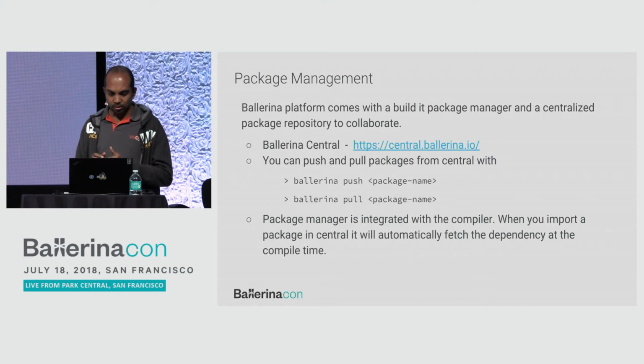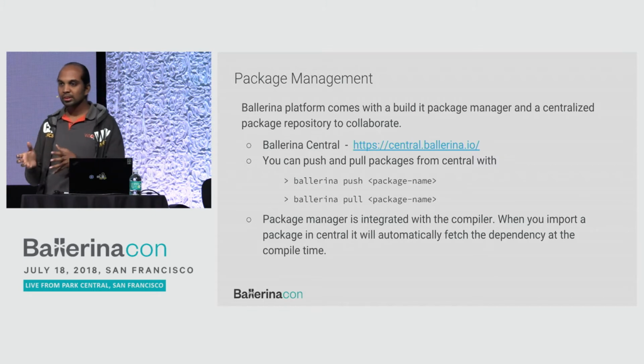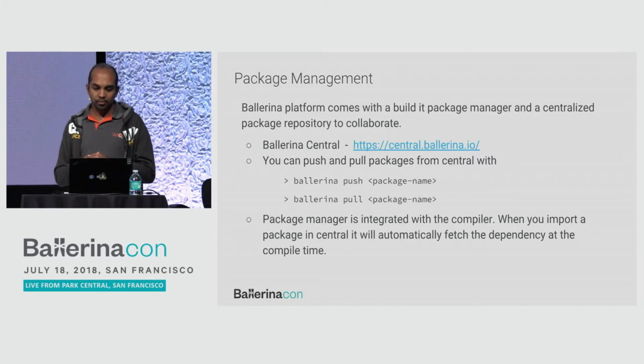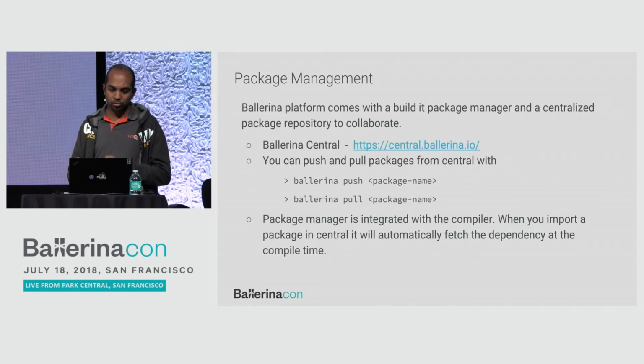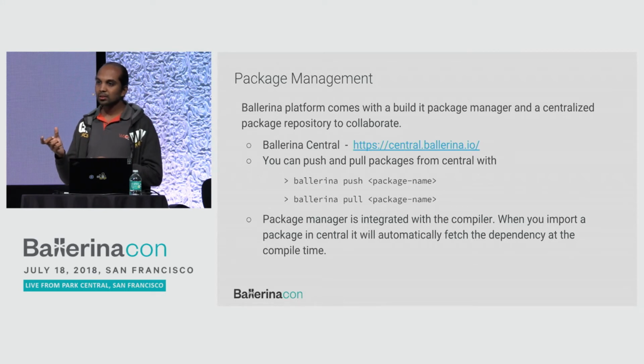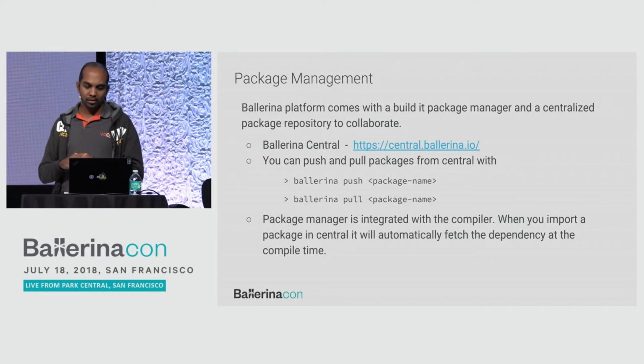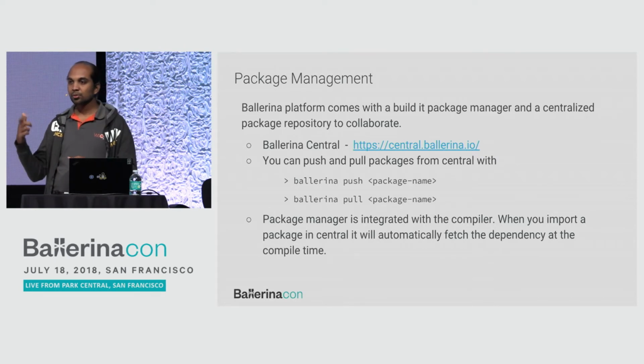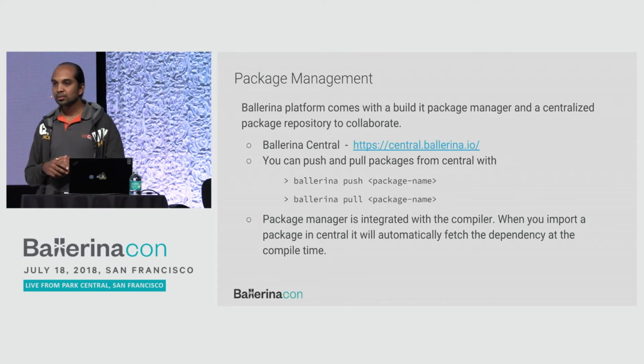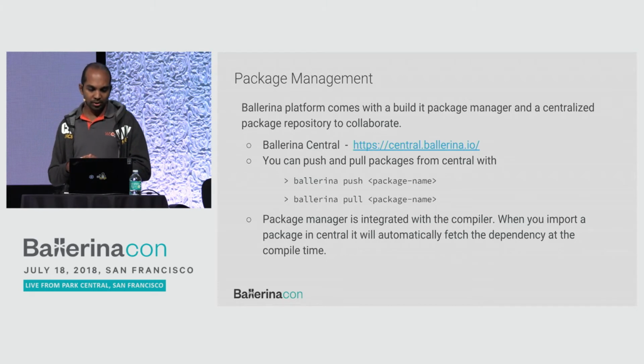One of the things I need to mention is that package management is already integrated with the compiler. So you do not necessarily have to pull a package to use it. You can simply add the import in the Ballerina program, and once you compile, it will automatically download the package and build the Ballerina program.